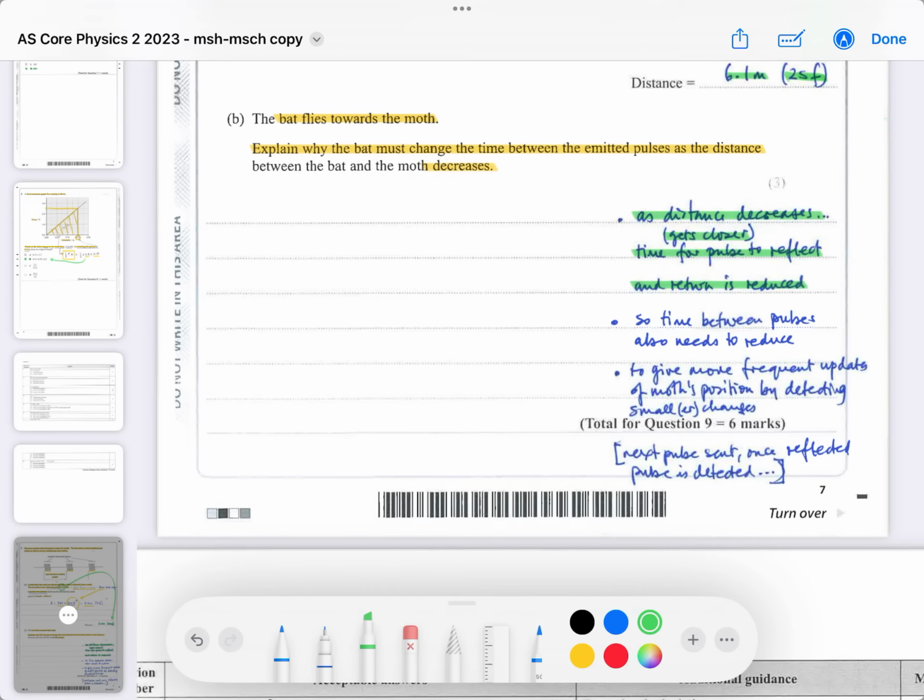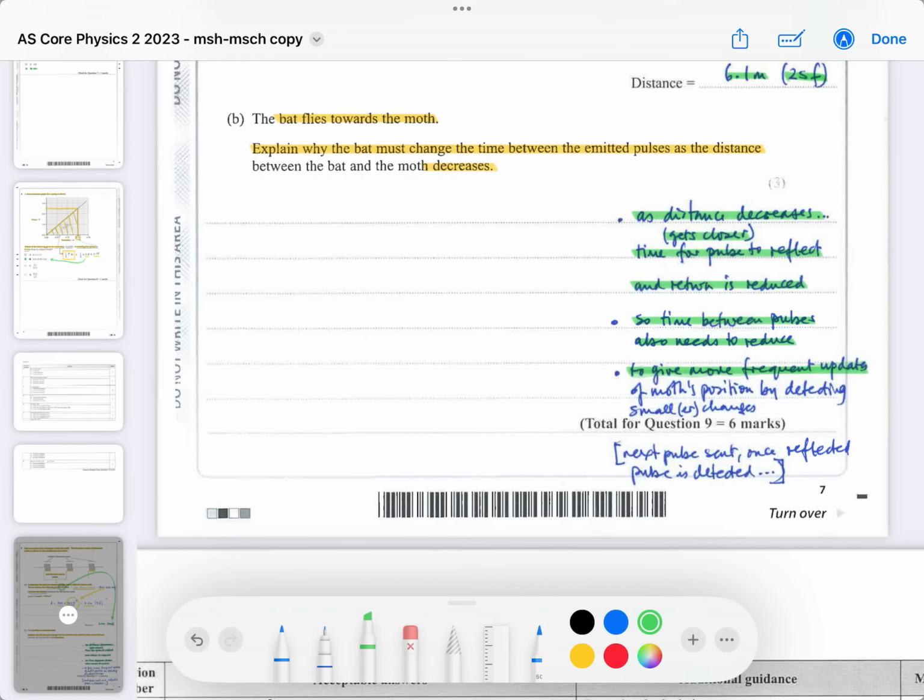So what it needs to do is make sure the time between the pulses is reduced, so that it gives out pulses more frequently.